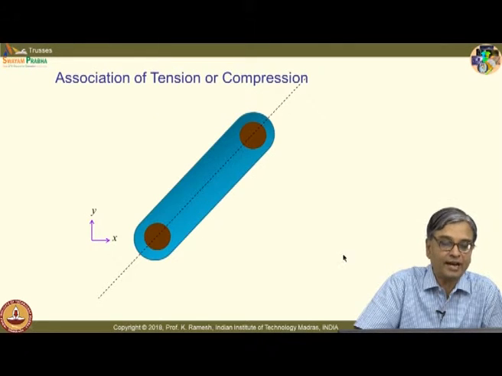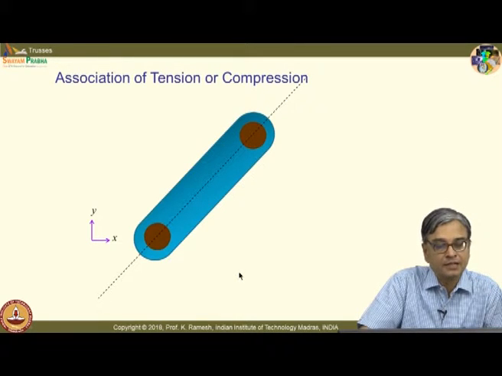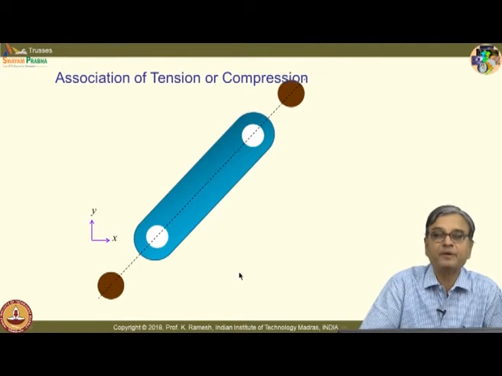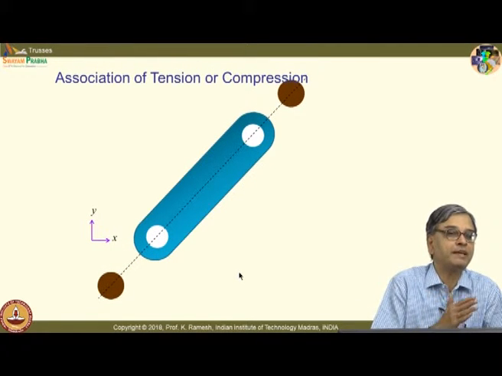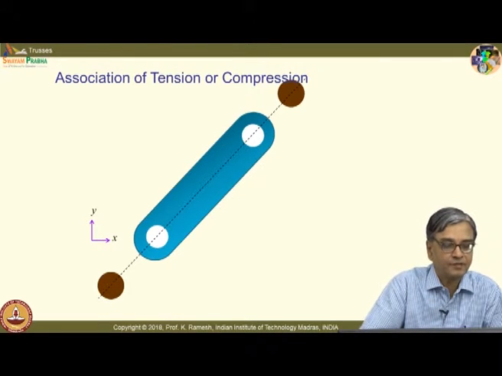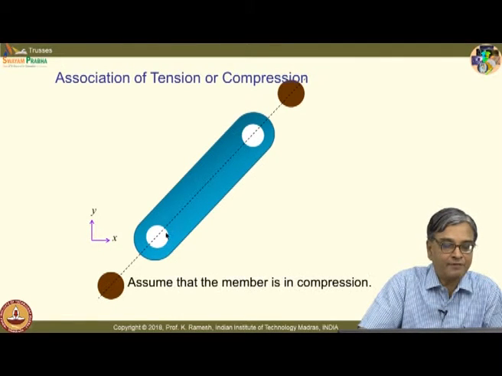Now, we would look at, just take one member and I have two pins, and let me take out the pins, and let me first take the member is in compression. Fine. So, I could have a force interaction acting at this place, and by Newton's third law, what would be the force interaction on the pin?